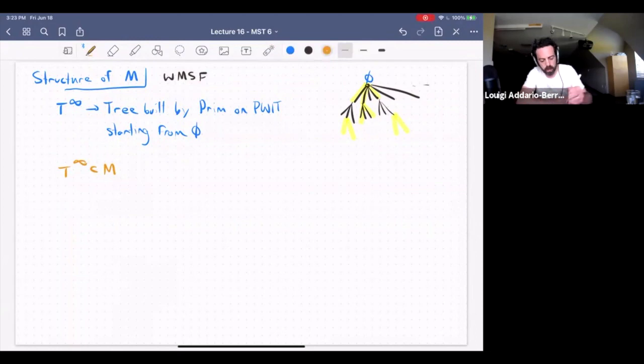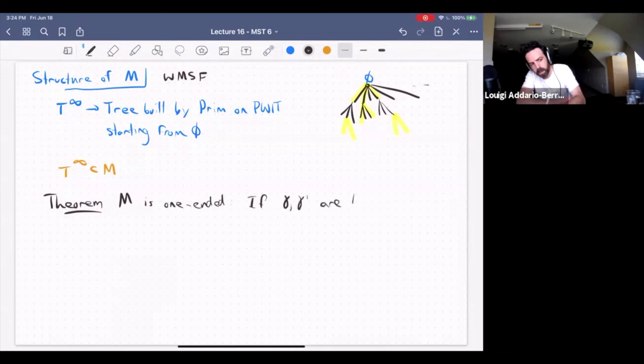Okay, so we're going to prove that M is one-ended. So that means that if gamma and gamma prime are two simple paths in M, then the symmetric difference of the two paths is finite.